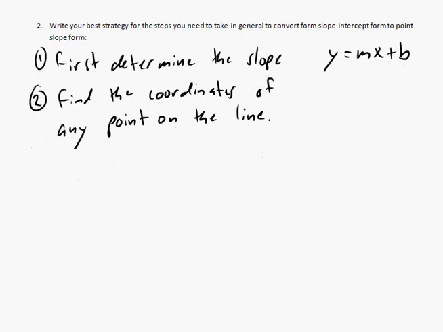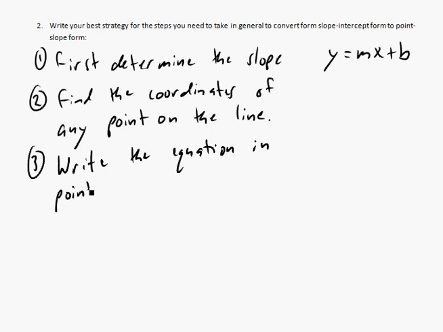And once you know the coordinates of a point, we can write the equation in point-slope form, which looks like y minus y sub 0 equals m times x minus x sub 0.